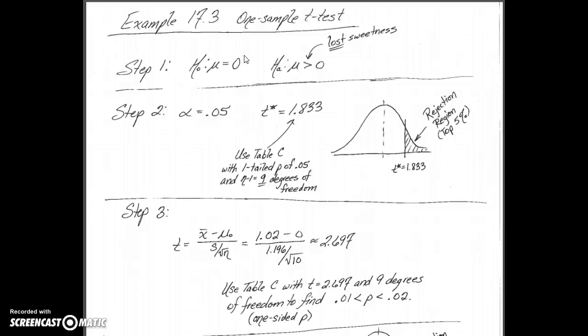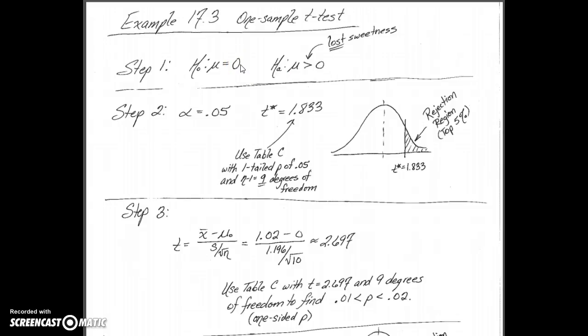So if it hasn't changed sweetness at all, the average would be 0. If it's lost sweetness, because the more positive these numbers are, the more the tasters are saying that the cola has lost sweetness, then we would want a positive mu, something greater than our null hypothesis mean of 0.